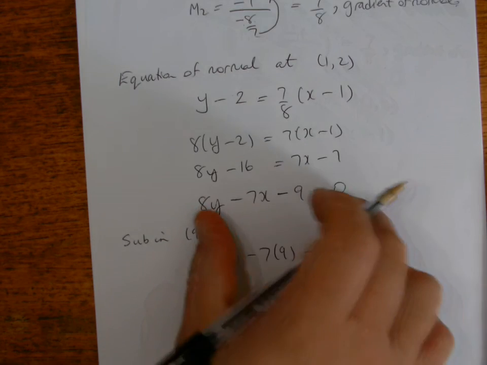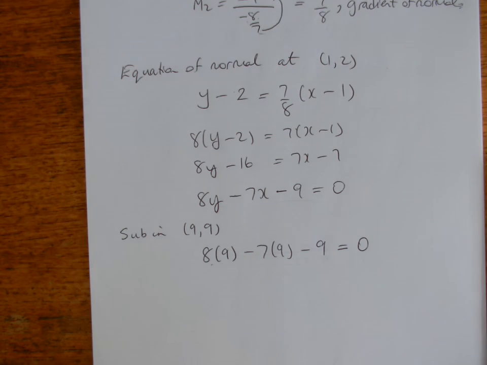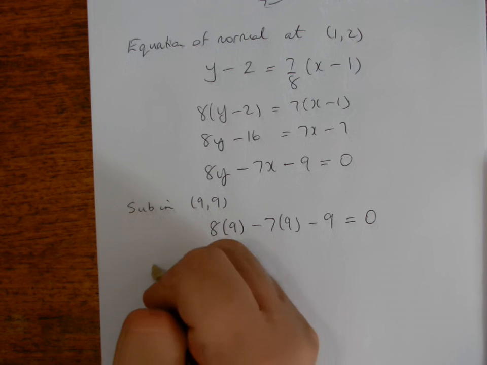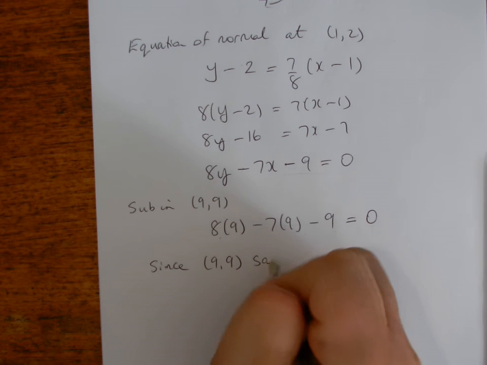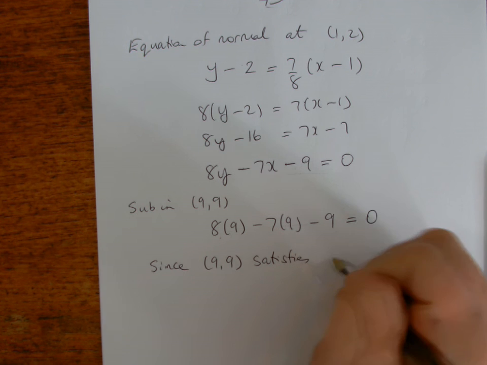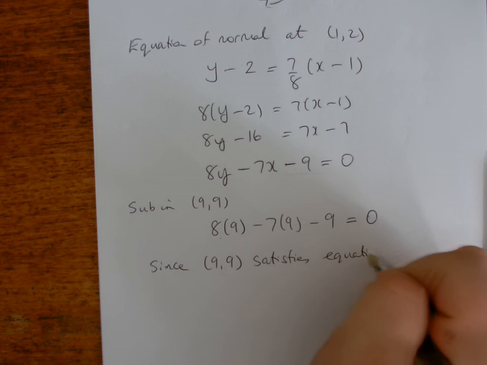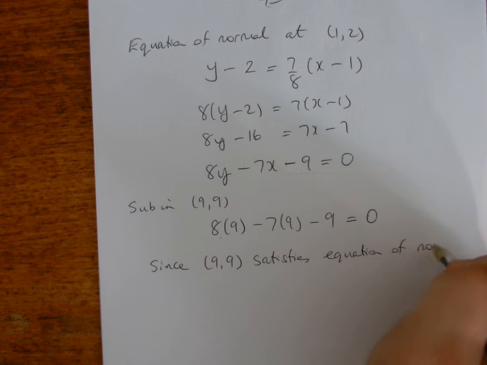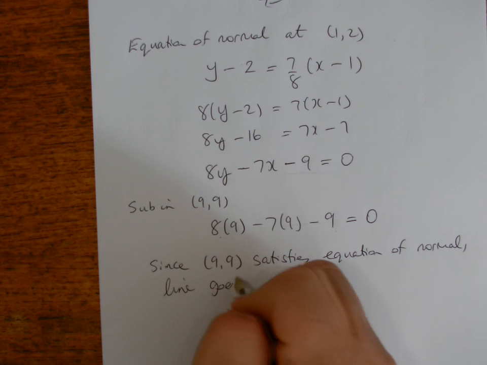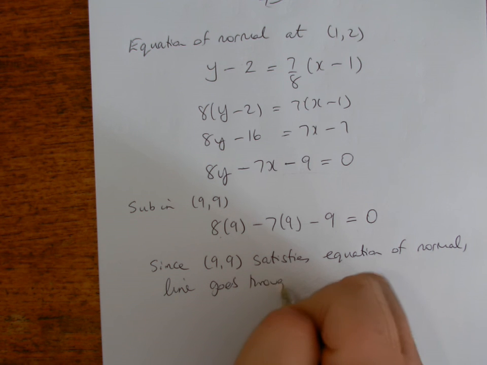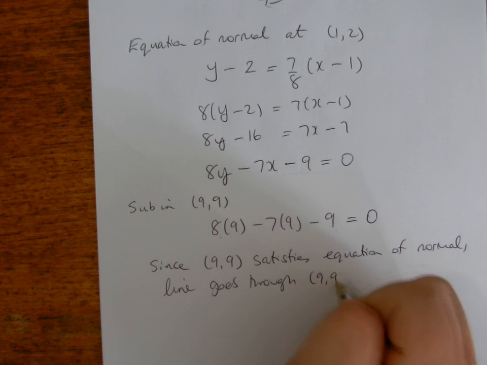Because it works in that equation, that means that line has got to go through that point. So you can say, since (9, 9) satisfies the equation of the normal, the line goes through (9, 9).